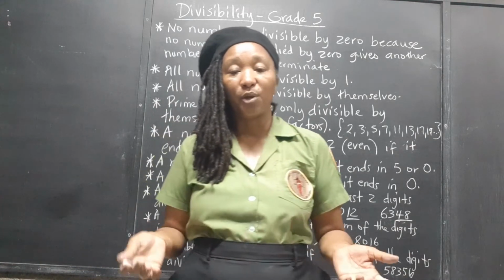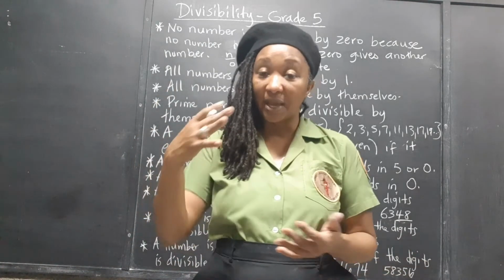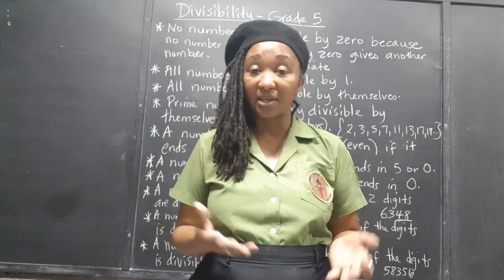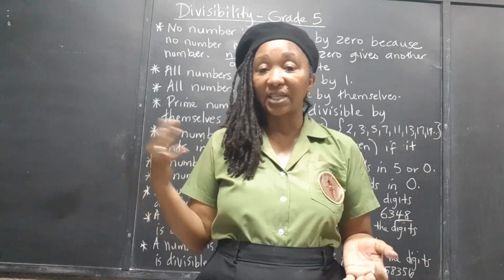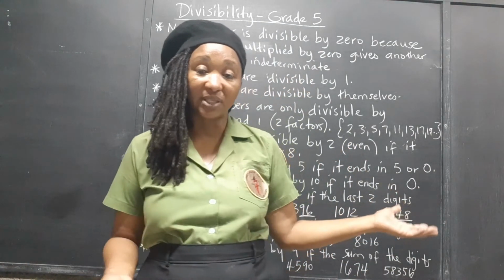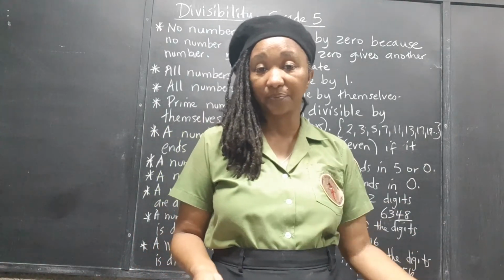And you probably don't want to go through the steps of dividing. You just want to make a quick estimate, a quick idea. Just add up the digits and you say, yes, I'm going to be able to divide this by 9, or I'm going to be able to divide this by 3.